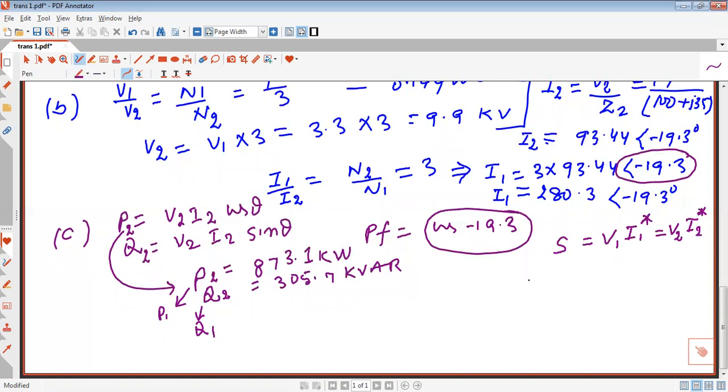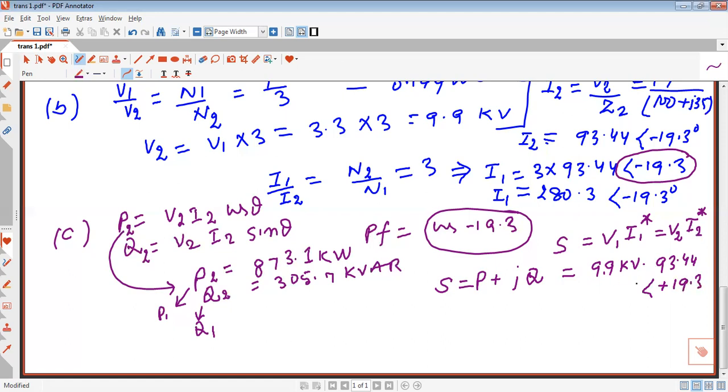Suppose I use V2, so S, which is P plus JQ, is equal to V2, which is 9.9 kilovolt, and I2, already calculated, which is equal to 93.44 with angle minus 19. So taking the conjugate, it will be plus 19.3.